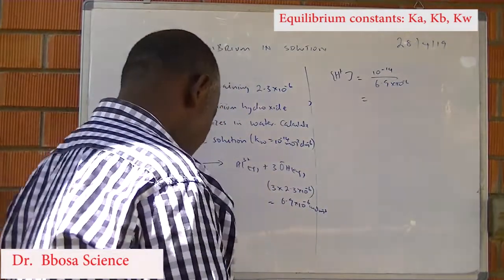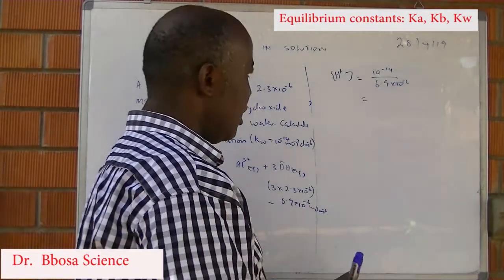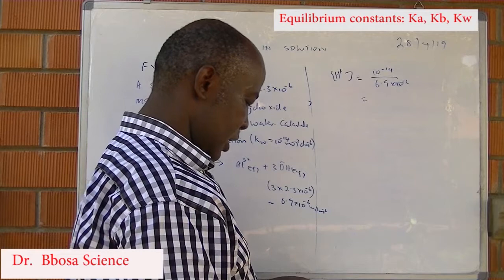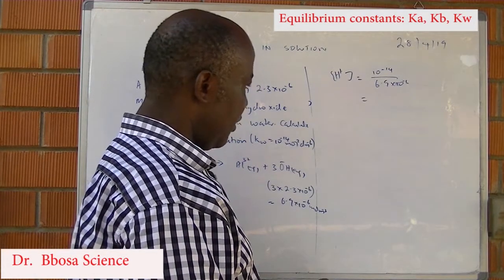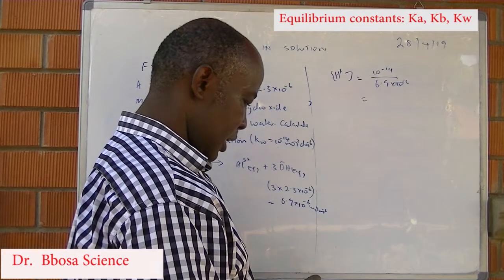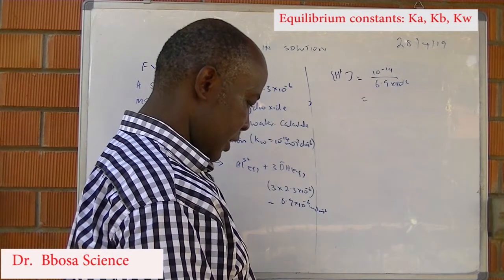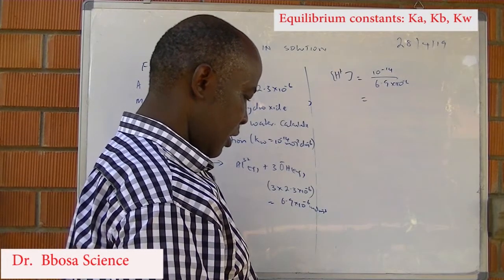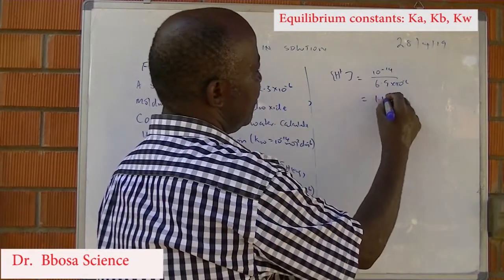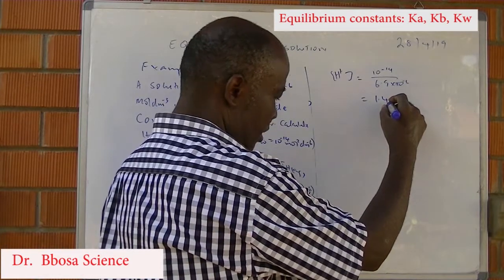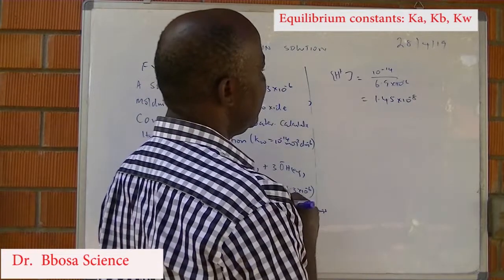We pick our calculator and get 10 to the power negative 14 divided by 6.9 times 10 to the power negative 6, which is equal to 1.45 times 10 to the power negative 8.